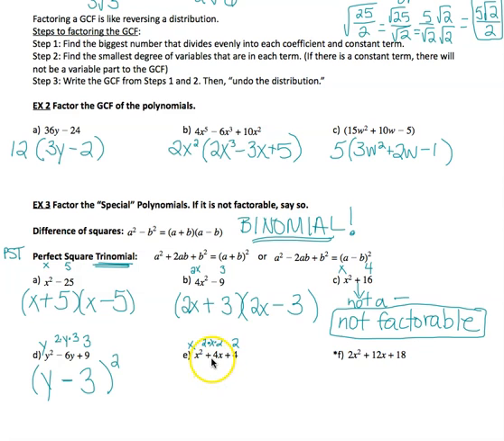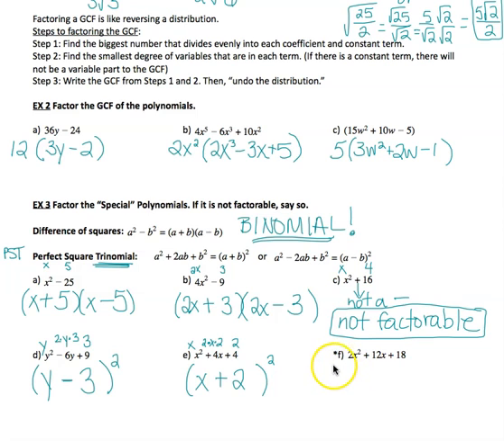So this is also a yes. So write it as a single parenthesis with a squared on it. Square root of the front goes in the front. Sign of the middle goes in the middle. And square root of the back goes in the back. So this factors into x plus 2 squared.